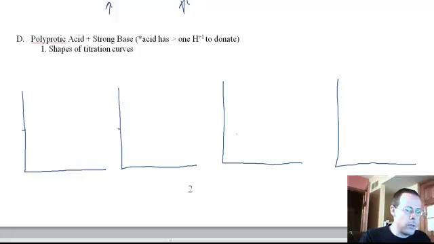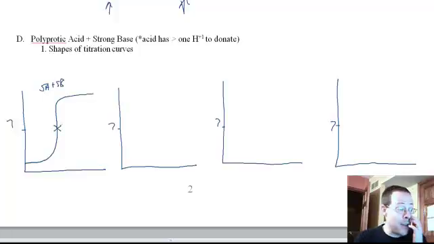So 7, 7, 7, 7. If we have strong acid plus strong base, our pH curve is going to start flat at the bottom, and it's going to go up really quickly, and it's going to be flat at the top.